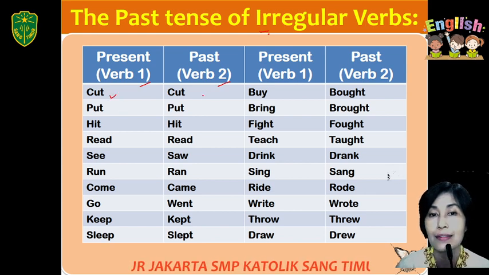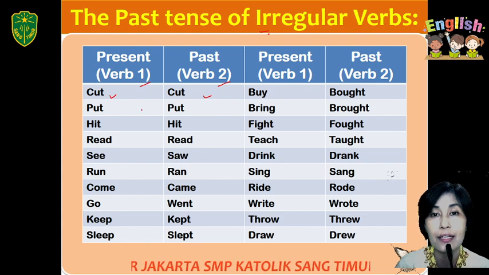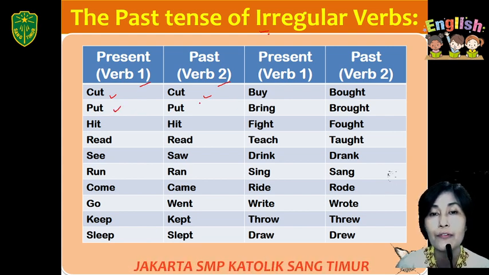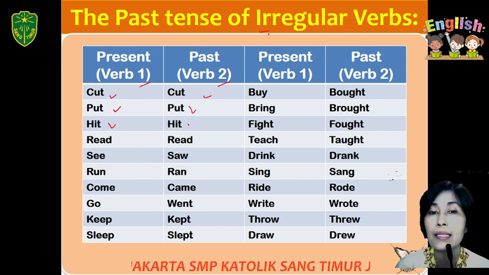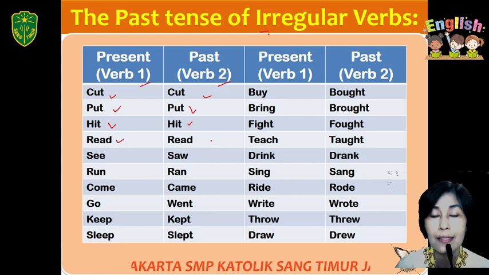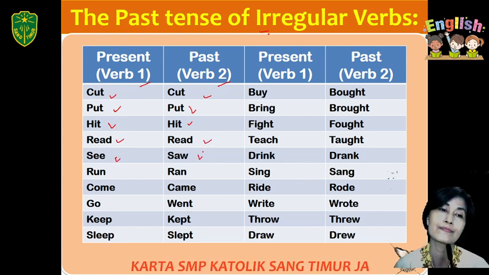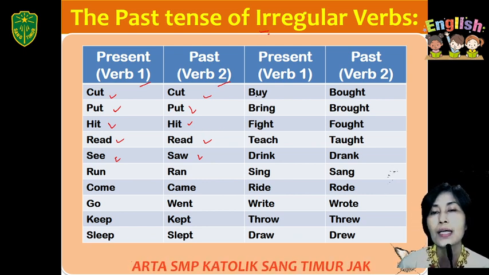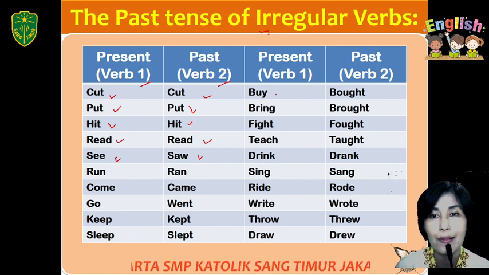Cut, cut. So you don't have ed at the end of the verb, but you have to memorize them. Put. Hit, hit. Read, read. See, saw, and so on. Learn how to pronounce and then learn how to spell.